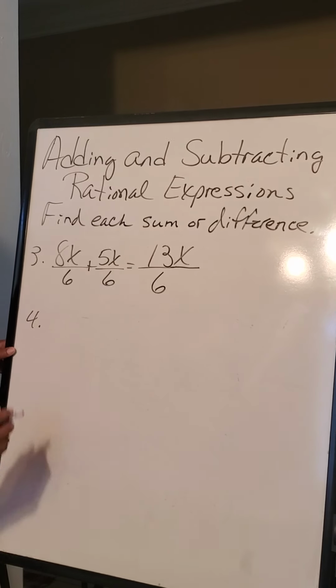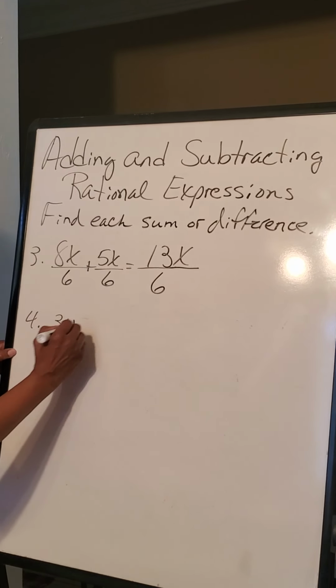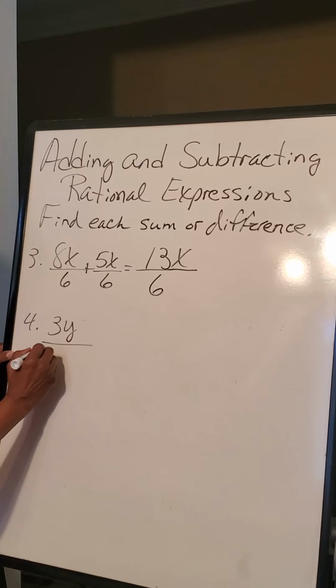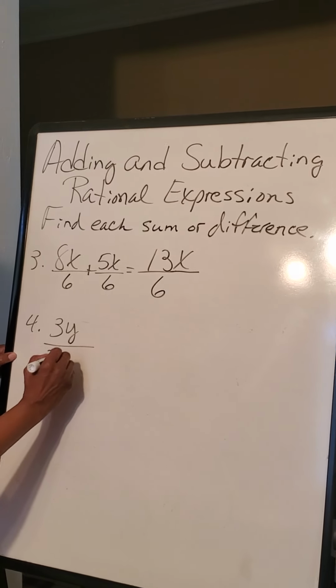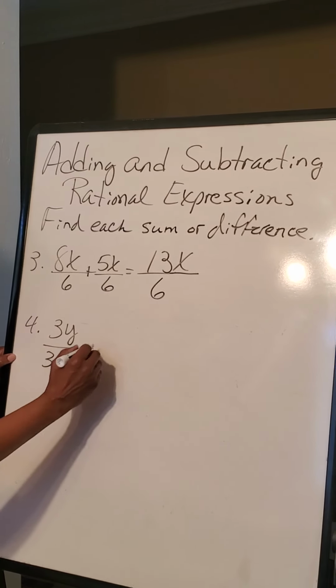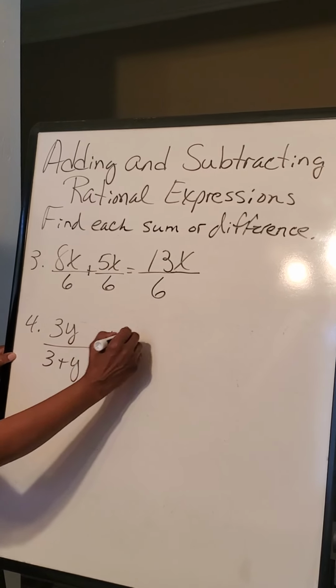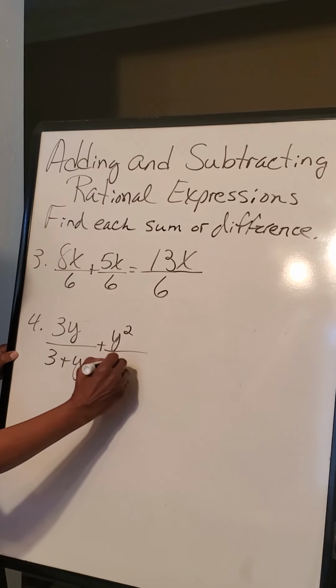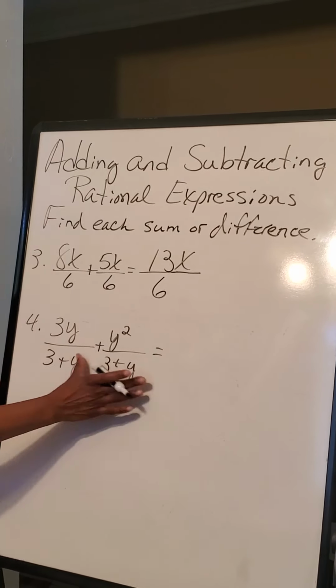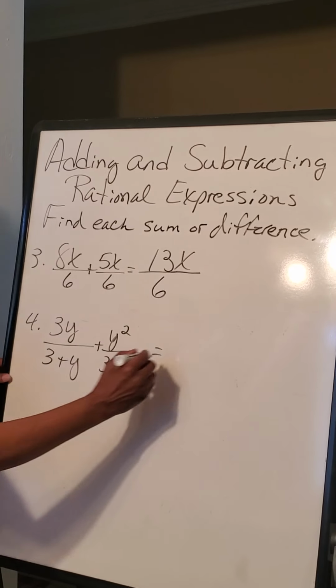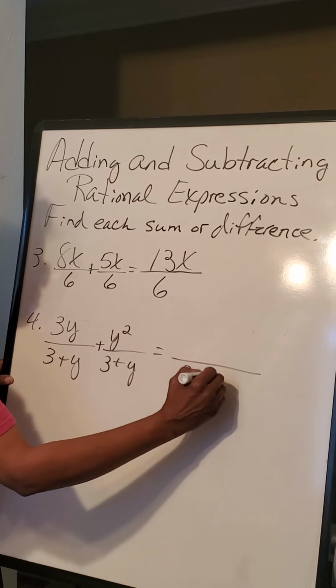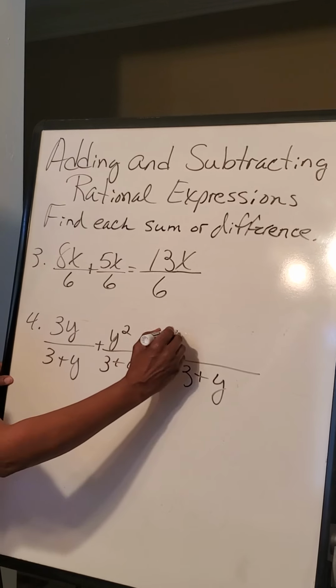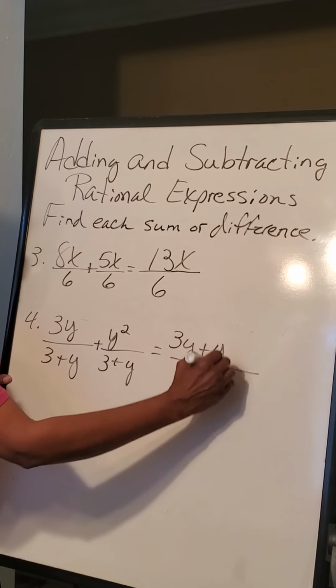Example 4. If I had 3y divided by 3 plus y, and I want to add to that y squared over 3 plus y. Again, they have the same denominator of 3 plus y, so I'll bring that denominator over. Add my numerators, I get 3y plus y squared.